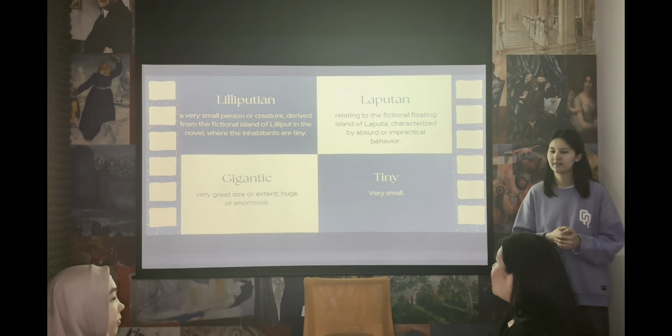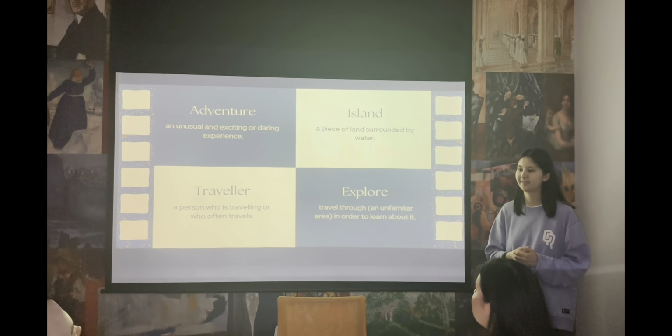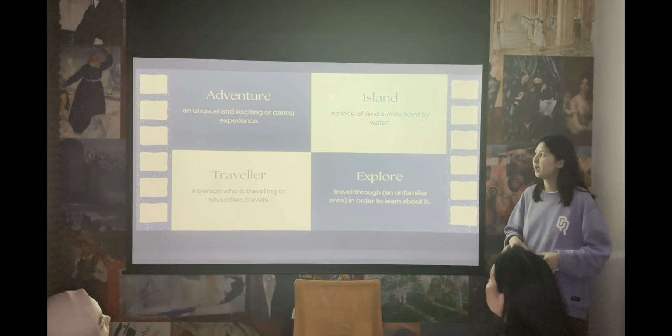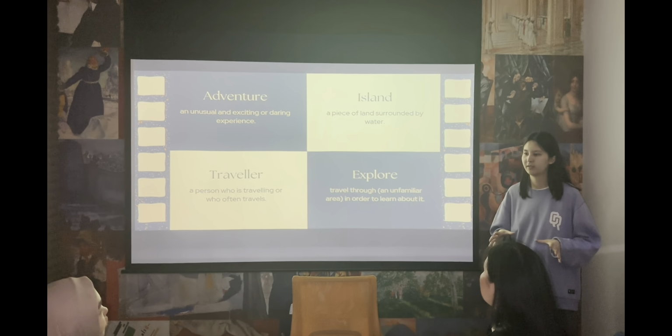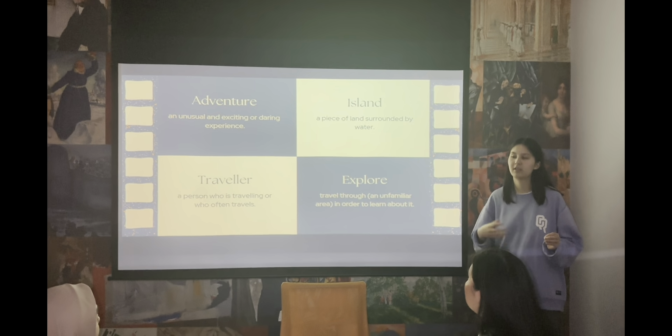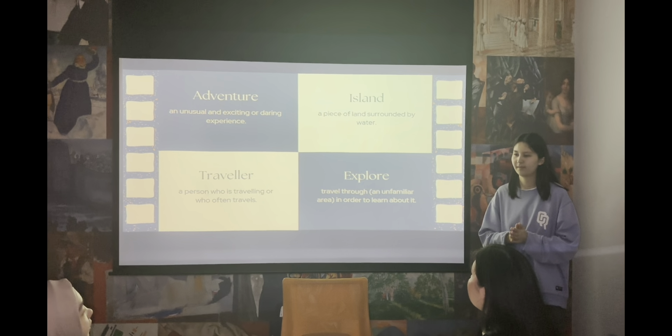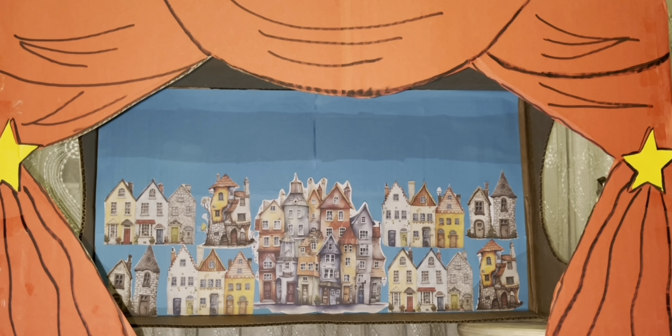For example, the mouse is tiny. Okay, good. Island. Island. It means a piece of land surrounded by water. Traveler. Traveler. It means a person who is traveling or who often travels. Okay, let's move on to the next task. Chapter 9, Gulliver's Travels via the Palace.